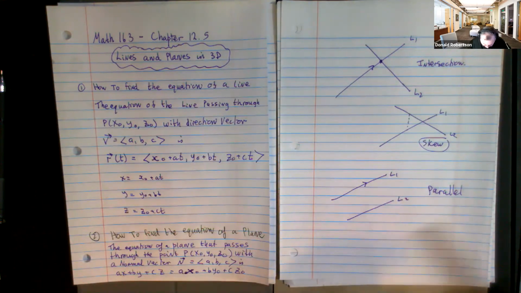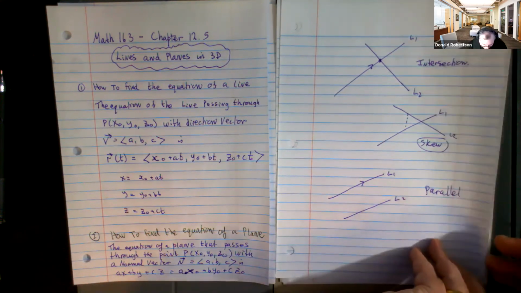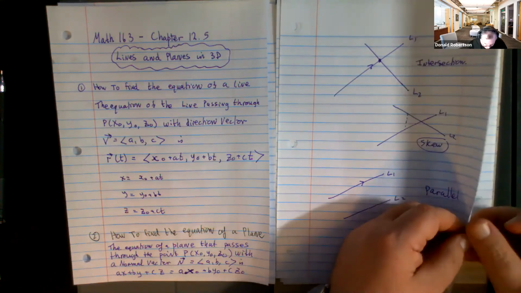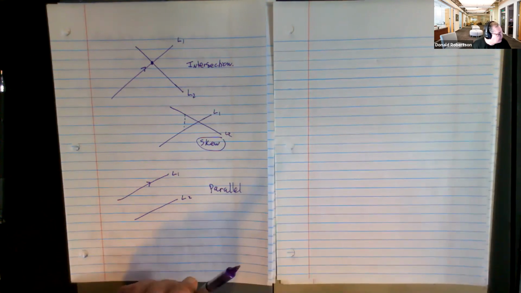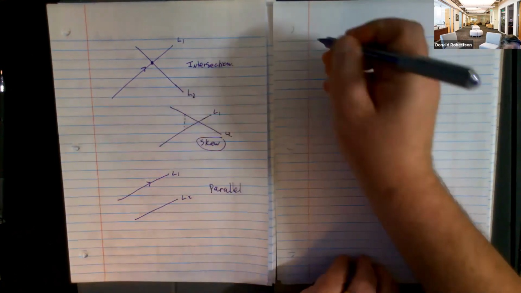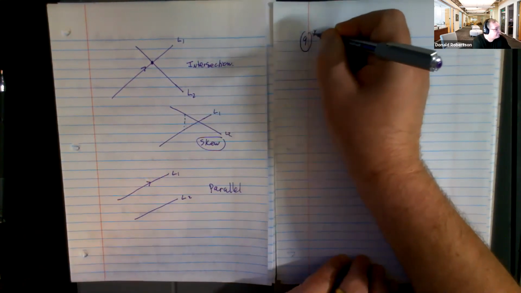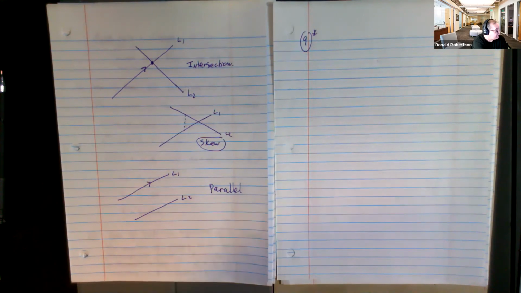So you're going to get a question, actually, you might get more than one, where they give you the equation of two lines, and you're being asked, let me find an example of that, question 9, which is decide whether these two lines are parallel, intersect, or skew, and if they intersect, find the point of intersection.